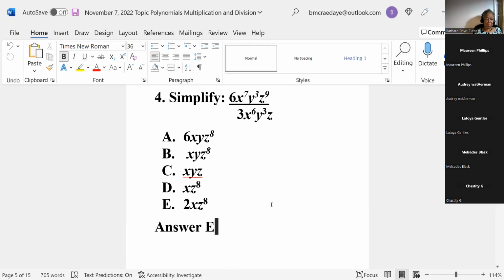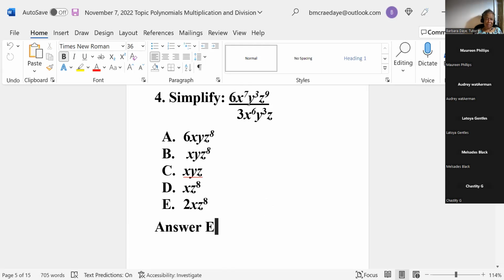Mercedes, you want to tell her how you got 2x to the 1, z to the 8? Okay. I divide 3 into 6, 2. And then what do you do with the x's? I subtract 6 from the 7 and that gives you x to the 1.